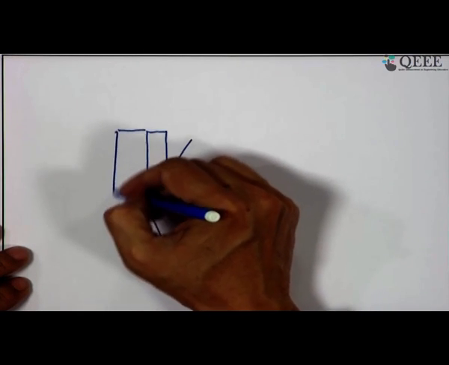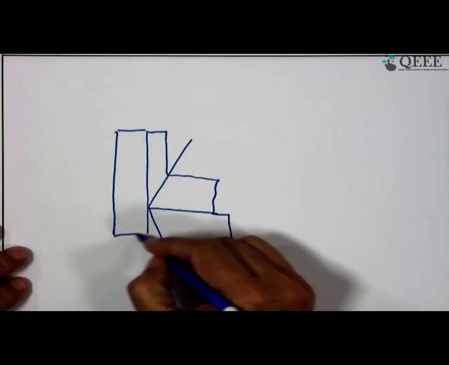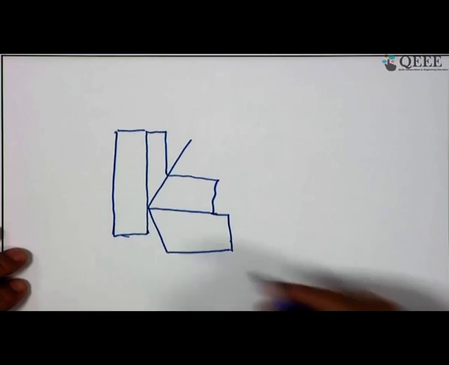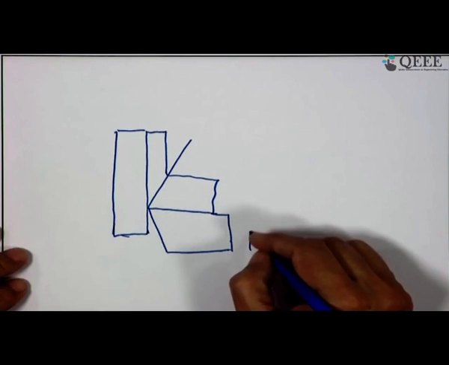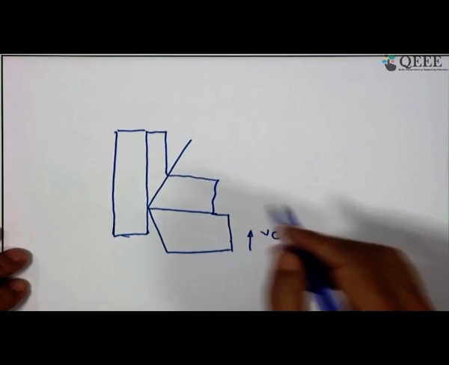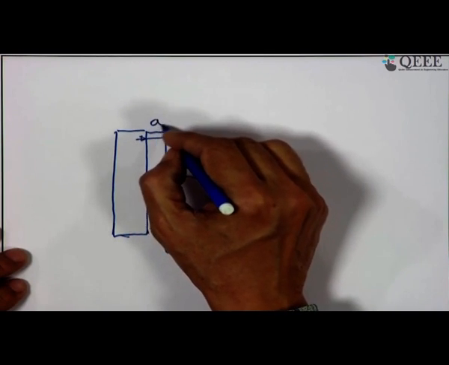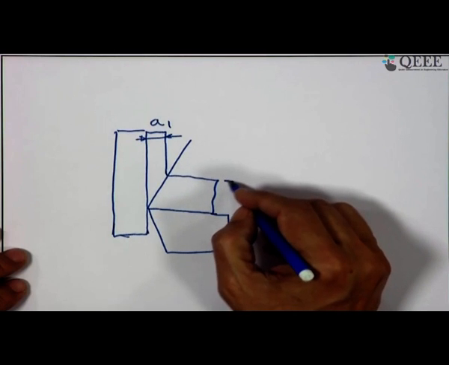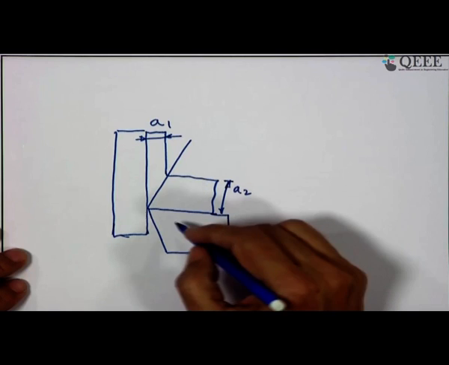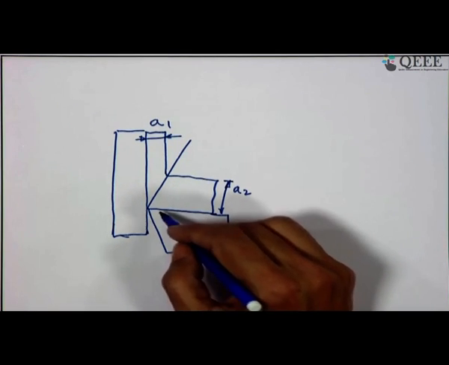So this is how we illustrate a cutting action. The tool is moving in this direction, this is velocity, and as usual you can note this is uncut layer thickness, this part is A2, the thickness of the chip, and here is the tool face.